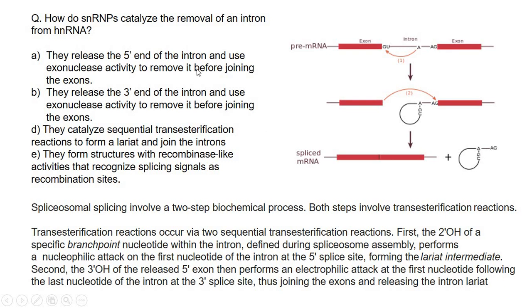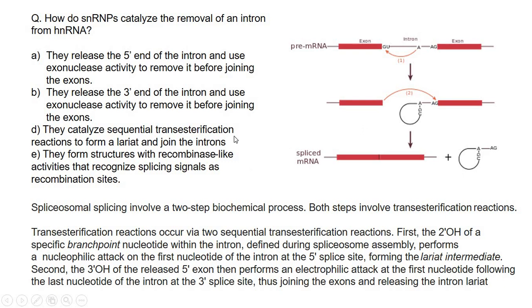Okay, so there is no exonuclease activity here, so this is incorrect. The release of the 3' end of the intron, using exonuclease activity to remove it before joining the exons, is also not correct, because there is no exonuclease activity here. This 3' hydroxyl group will make a cut here.